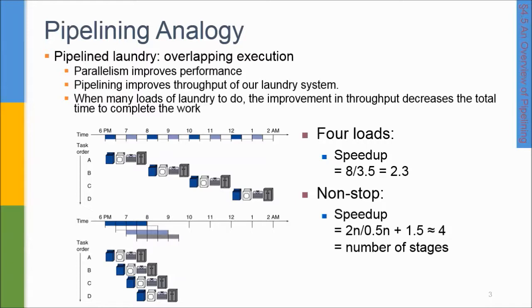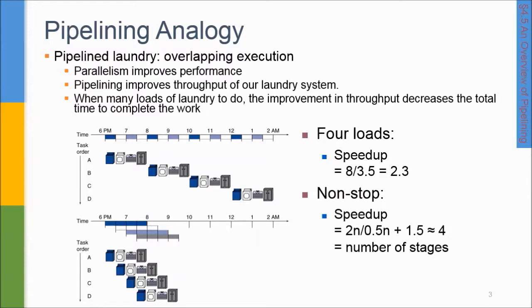Hence, pipelining would not decrease the time to complete one load of laundry, but when we have many loads of laundry to do, the improvement is in throughput, decreasing the total time to complete the work. If all the stages take about the same amount of time and there is enough work to do, then the speedup due to pipelining is equal to the number of stages in the pipeline.